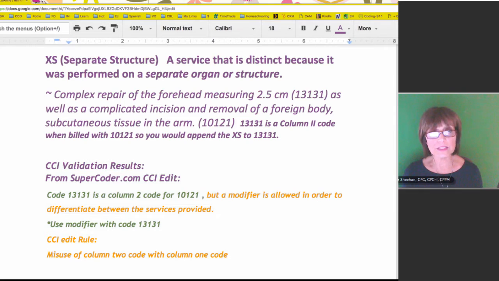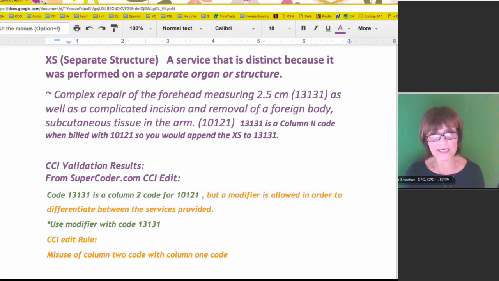When I entered these 2 CPT codes, the 13131 and the 10121, Supercoder came out with a CCI saying that 13131 is a column 2 code for 10121, and you would add the modifier to the 13131, the X modifier, the XS.